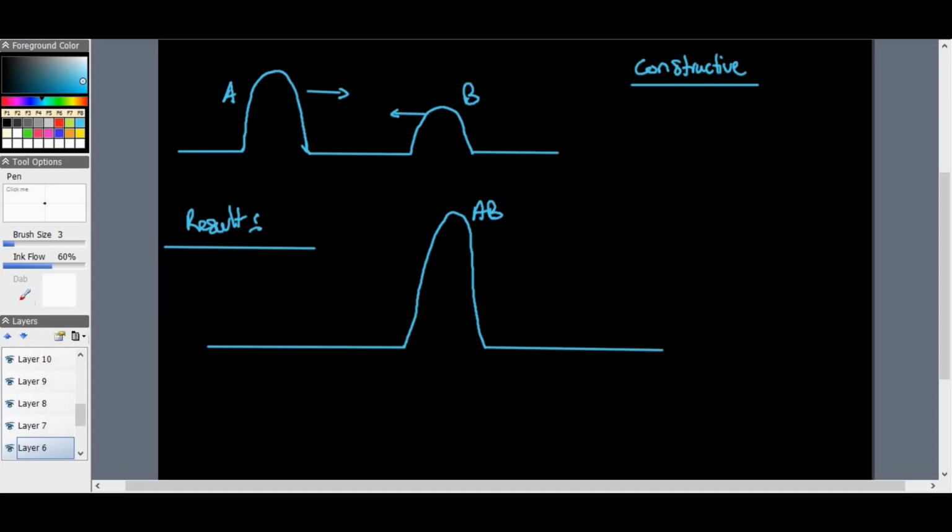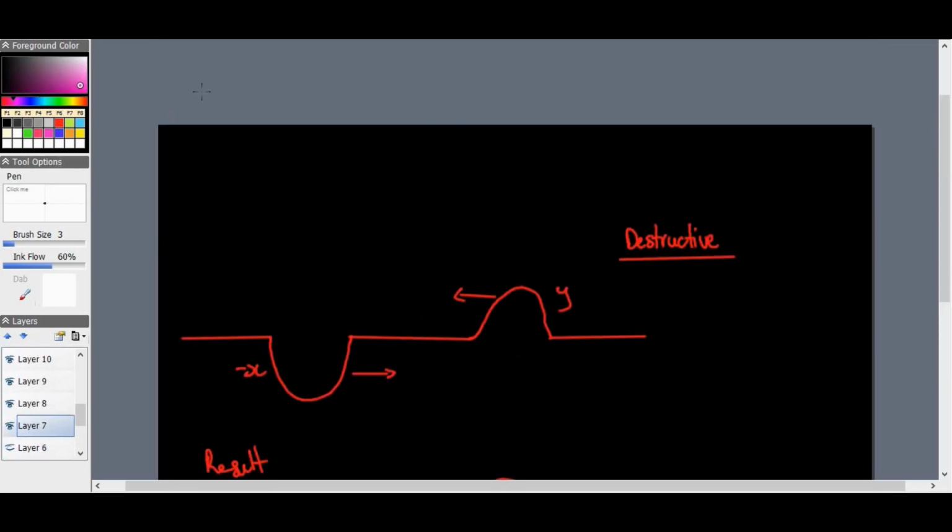Eventually they separate, so B will be over here on the other side, while A will be on this side, carrying on at the same amplitude. So that's constructive interference. This displacement here is larger than either one of these two individually.